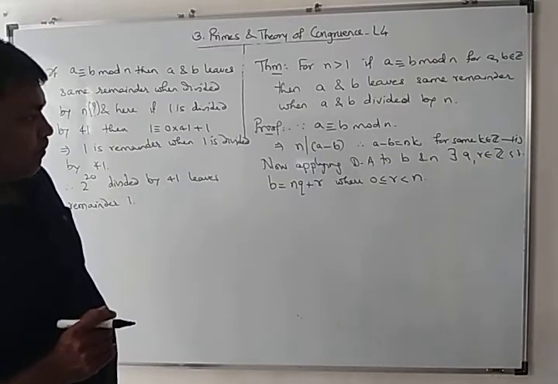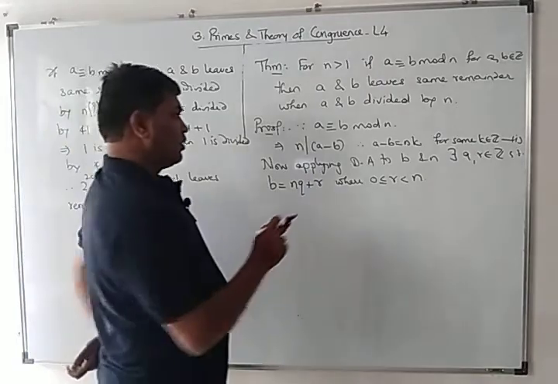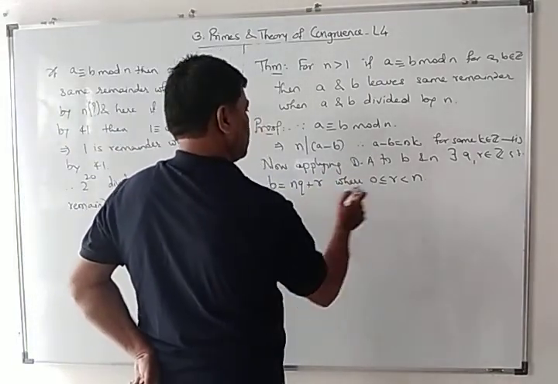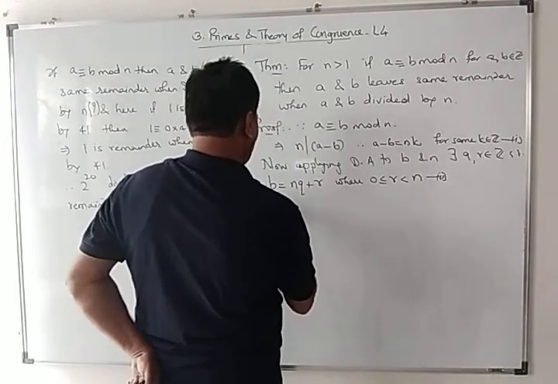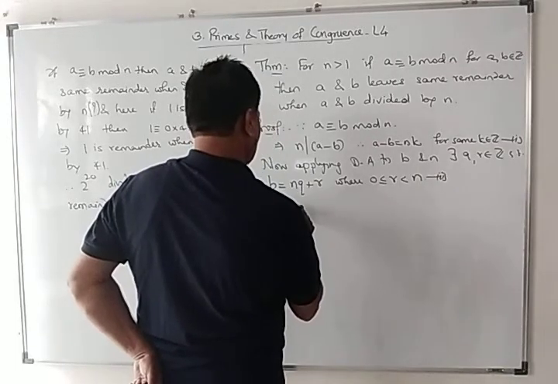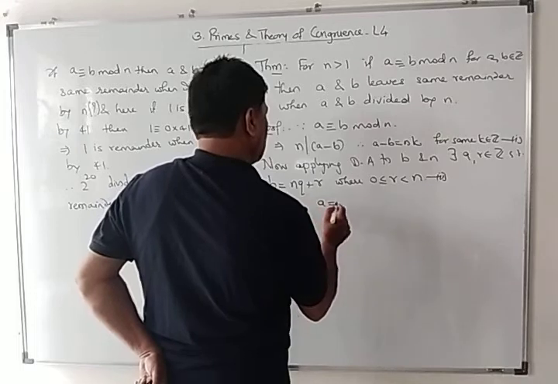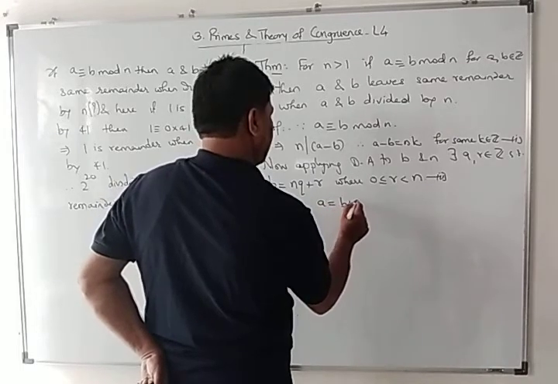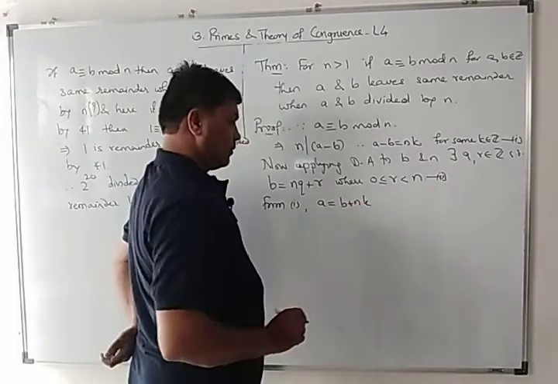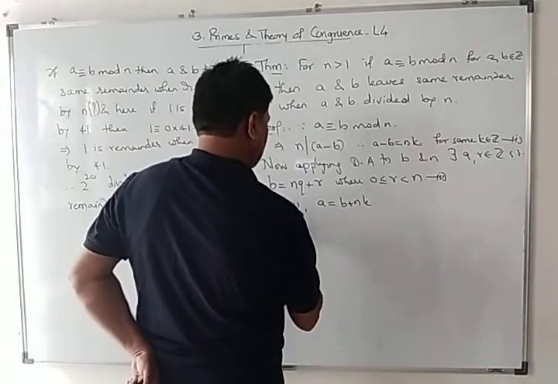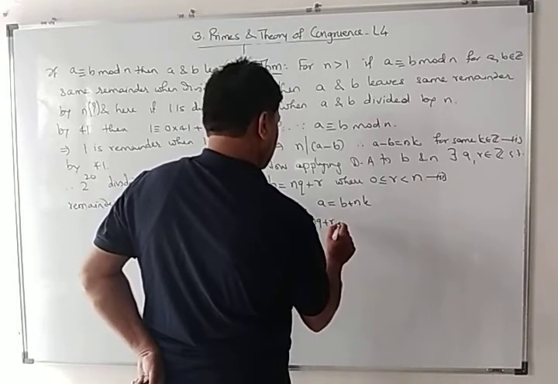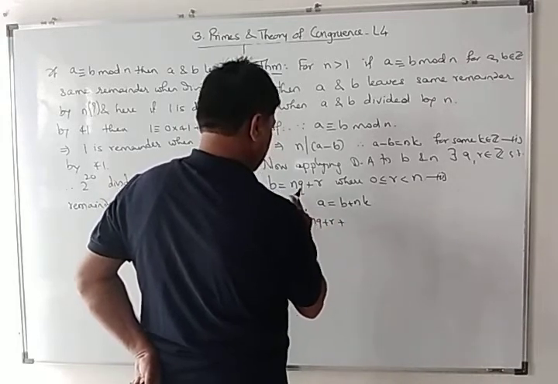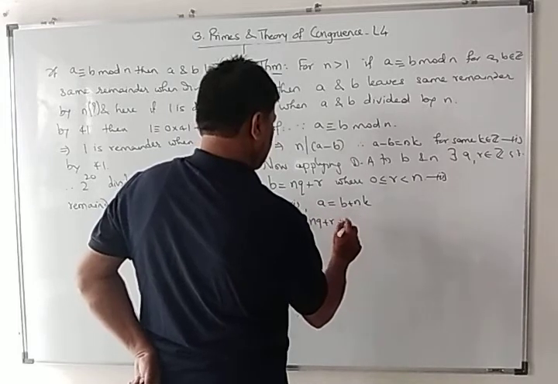Is it clear? So, this is 2. From 1, A is equal to B plus Nk, and therefore A equal to, what is B? Nq plus R plus Nk.